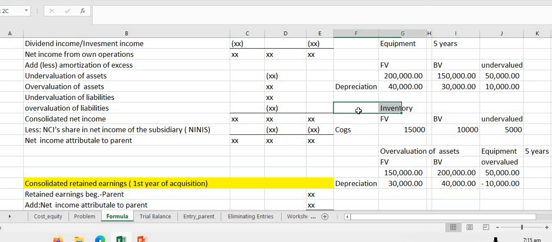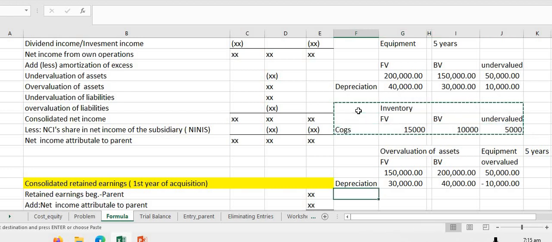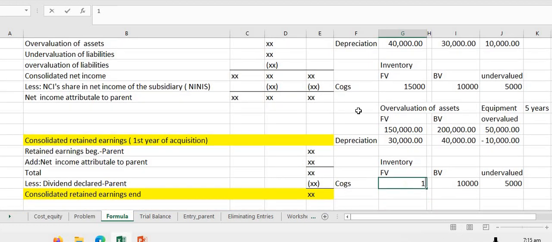So, if for example it's a non-depreciable asset such as inventory, say for example its book value is 10,000 and its fair value is 15,000. So therefore, that's overvalued tayo. Yan.